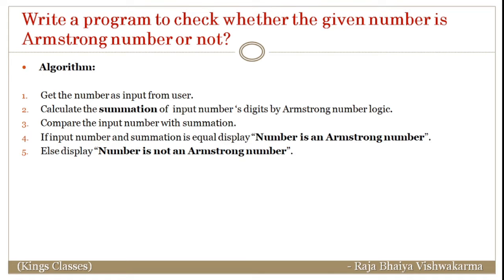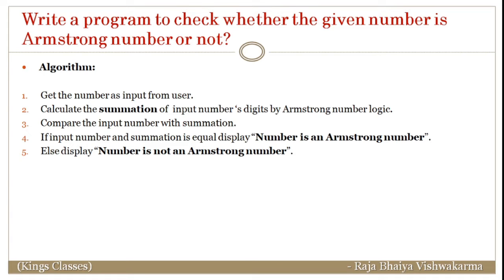If we are getting a 3-digit input number, we will do the summation of 3 times multiplication of the number's digits. Once we have the summation, we will compare the input number with the summation, and if they are equal, we will display the message saying number is an Armstrong number, else we will display the message saying number is not an Armstrong number. Let's move ahead.